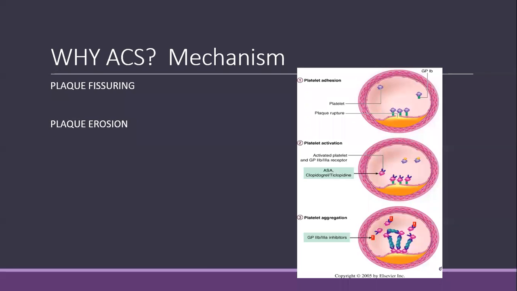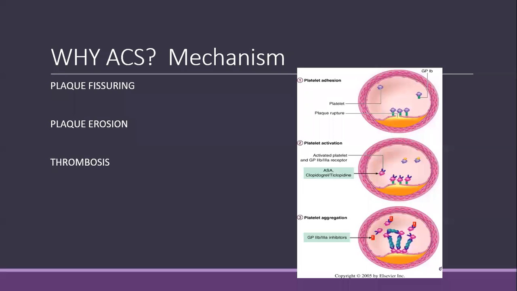Whenever there is plaque fissuring and erosion, there is exposure of the subendothelial material to the circulating blood cells, platelets become activated and later aggregated, and form a platelet plug. Then there is activation of the coagulation cascade, generation of thrombin and ultimately fibrin, and a platelet-bound hard clot is produced in the vessel, which obstructs the blood flow.